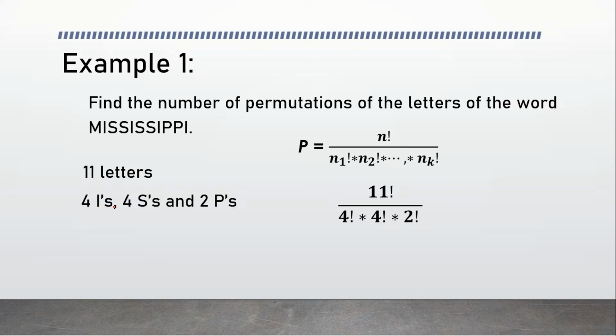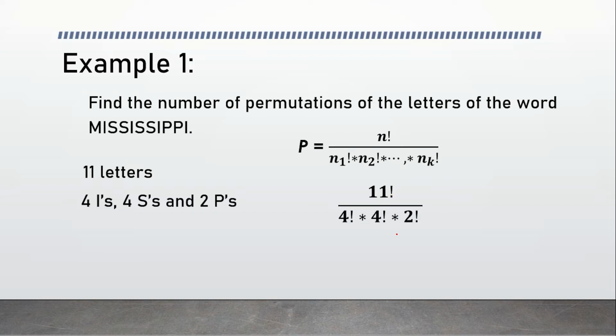The value of n sub 1 here is 4, which is the first kind, n sub 2 is 4, which is the second kind, and n sub k or n sub 3 is equal to 2, which is the third kind. So meaning yung k dito ay pwedeng mabago, depende doon sa object na hinahanap natin. For this given problem, we have 3 similarities.